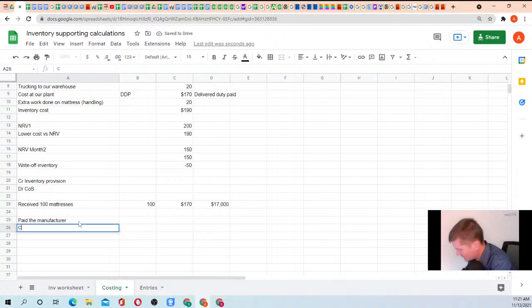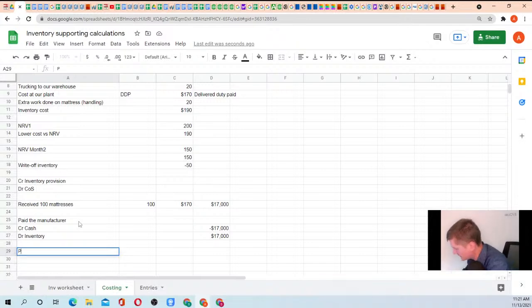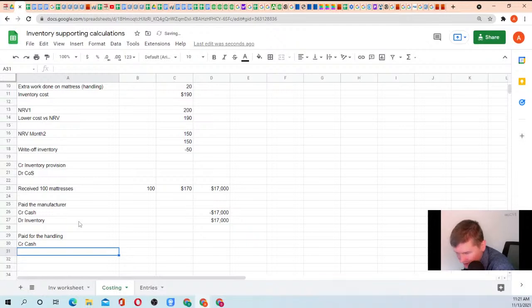So we would credit cash and we recognize that inventory. So 17,000 paid, 17,000 recognized. Then we paid for the handling, assuming that was done by some contractor. That would be credit cash. We pay for everything with credit cash.